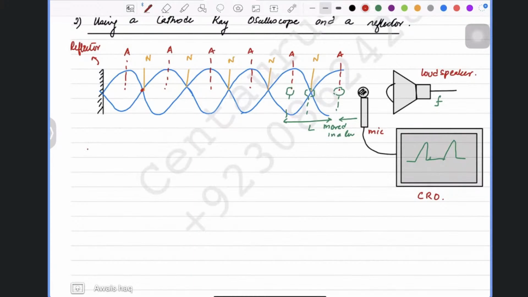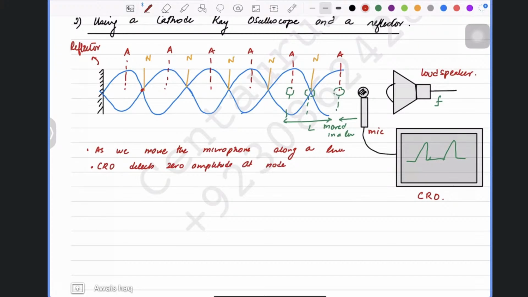So I'm going to say that as we move the microphone along a line, CRO detects zero amplitude at nodes, because we can't see the wave itself.